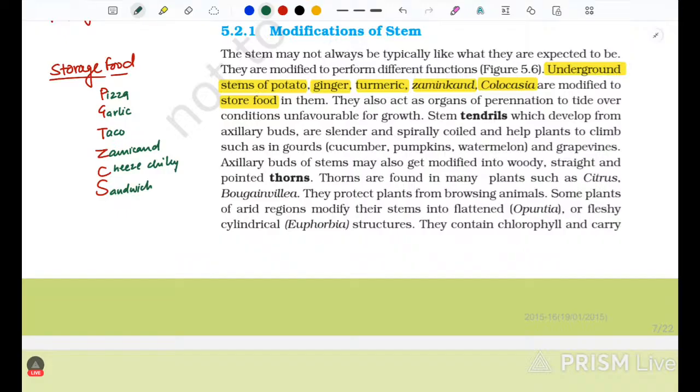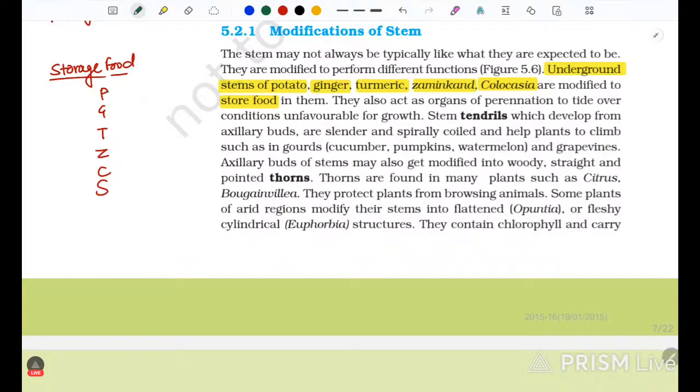Ginger, turmeric, and then zamikand, colocasia. So these are the 6 examples which you have to remember always. I know this trick, actually G is not garlic, G is actually ginger only, so it might be a little confusing, so I think I should change the mnemonic for you.